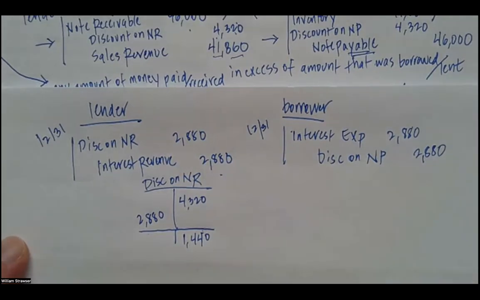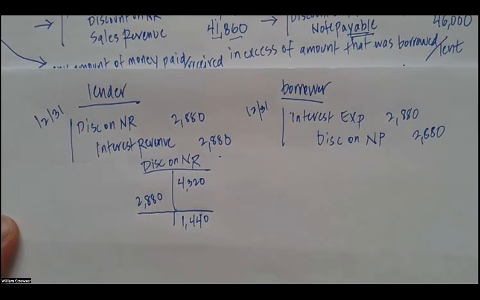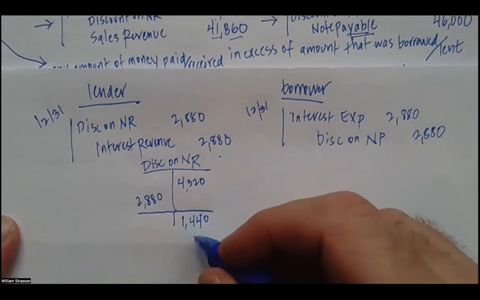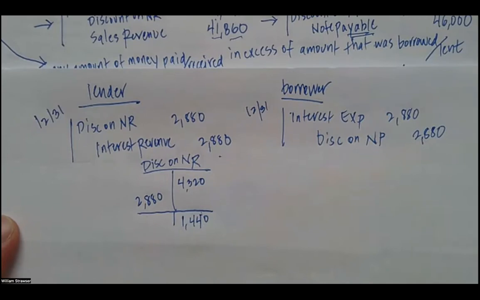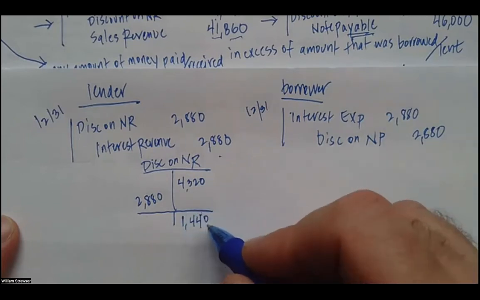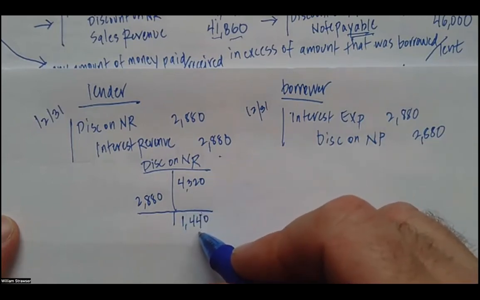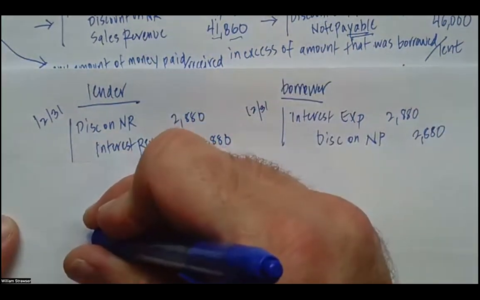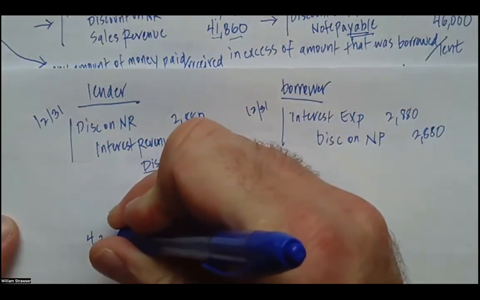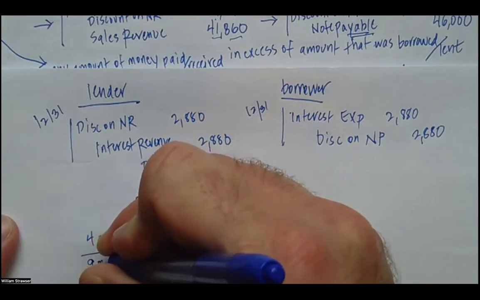By the end of the deal, that next amount is going to reduce it even further, right? It's going to take it the rest of the way, because this 1,440 reflects only 3 months of the total amount. And you can check that if you want. We had 4,320, that represented 9 months.